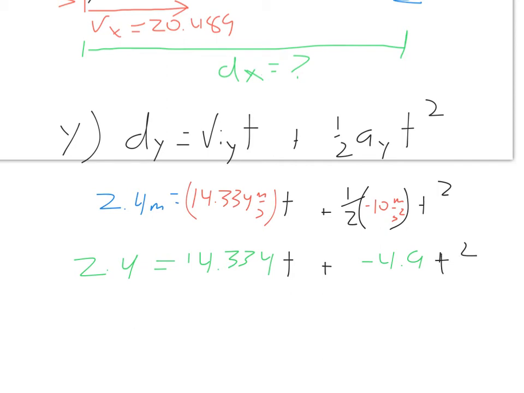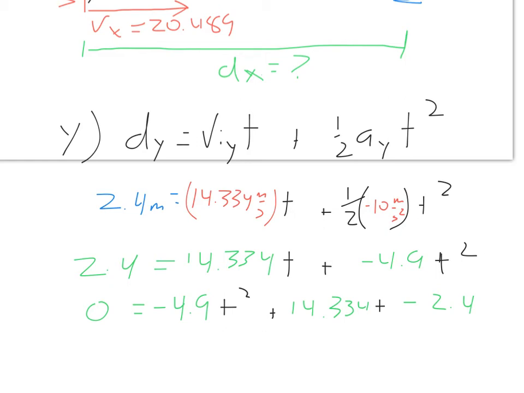I think I'm just going to move the 2.4 over and have this equal to 0, so I wind up with 0 equals -4.9 t squared plus 14.334 times t minus 2.4.